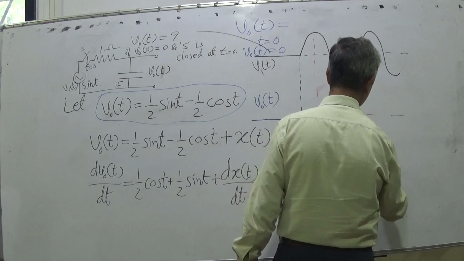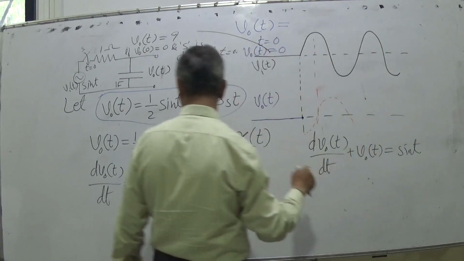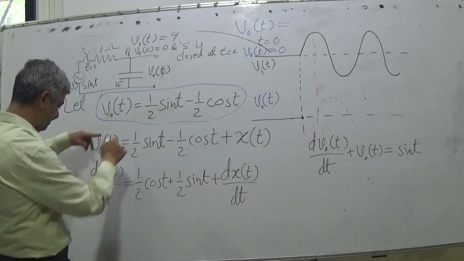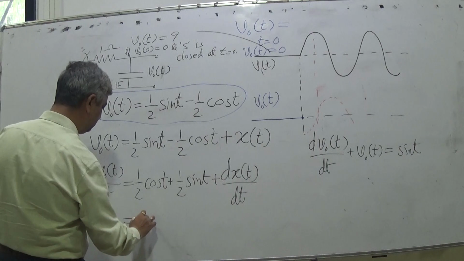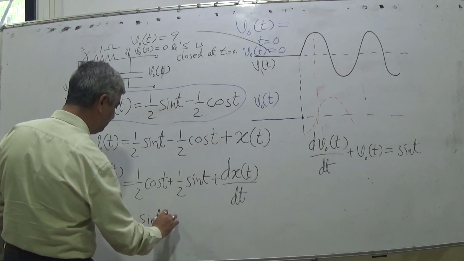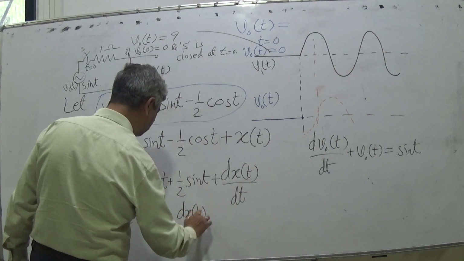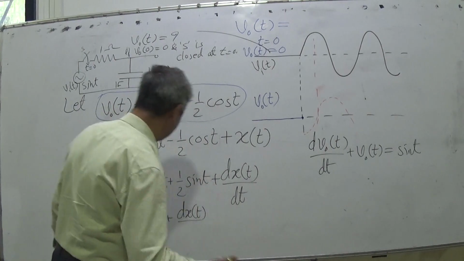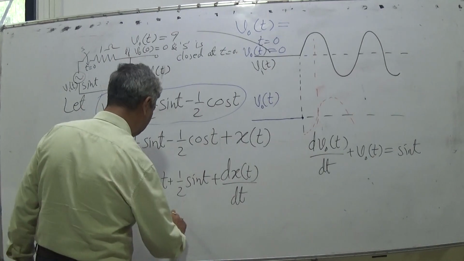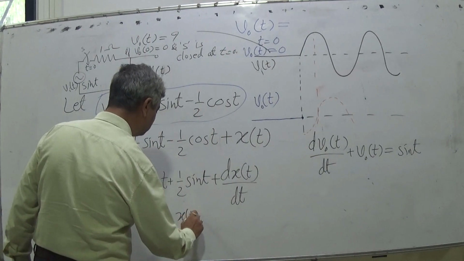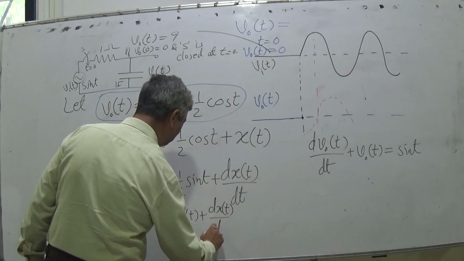When I add them, the cos gets cancelled, leaving sin t plus dx(t) by dt plus x(t).